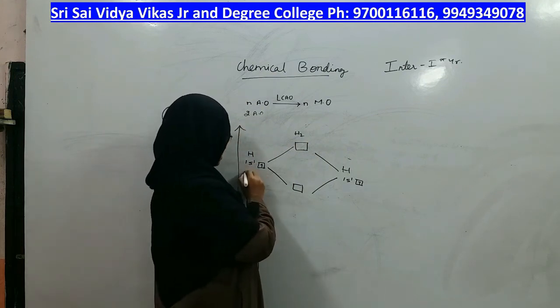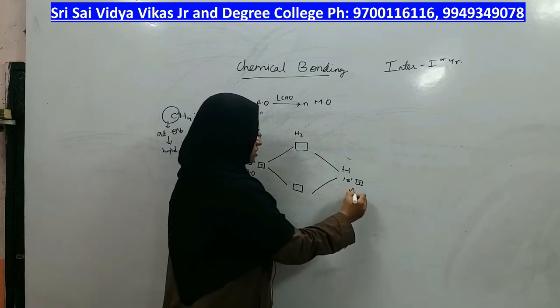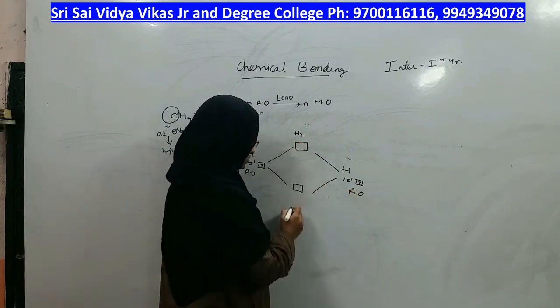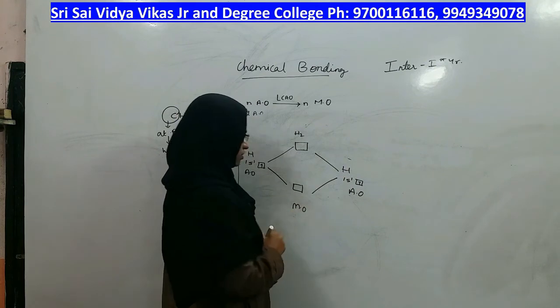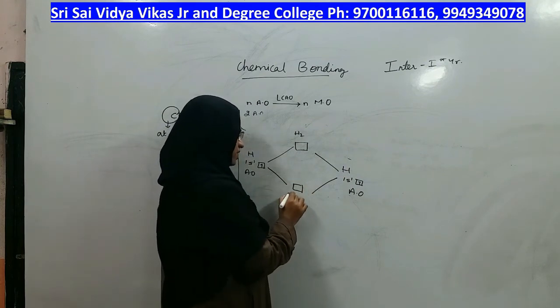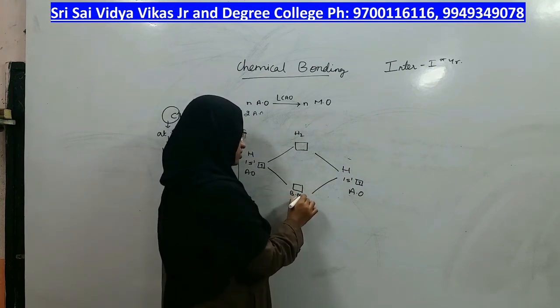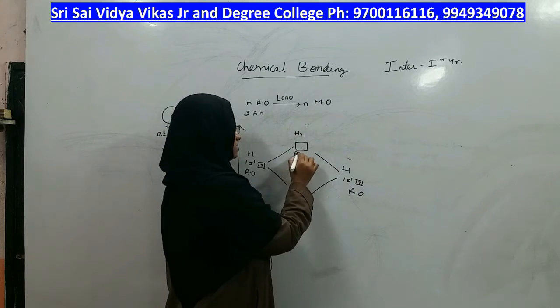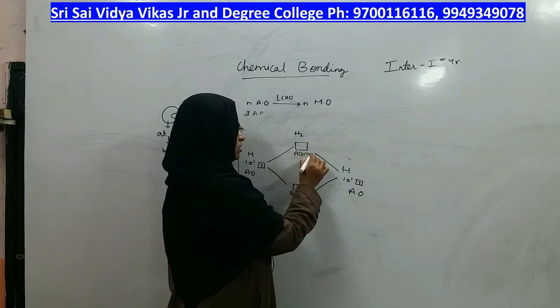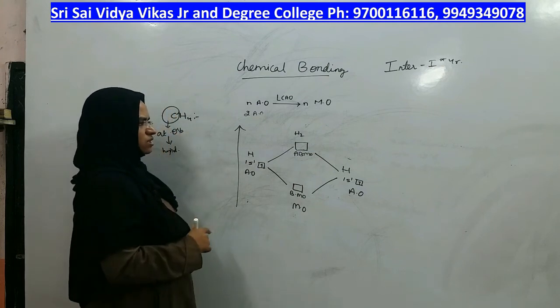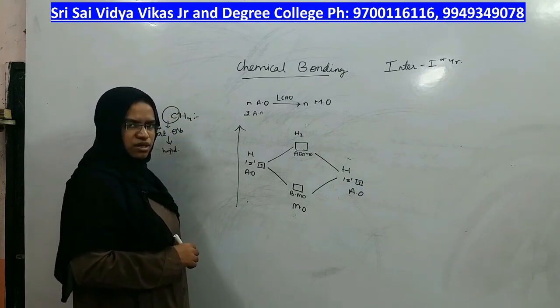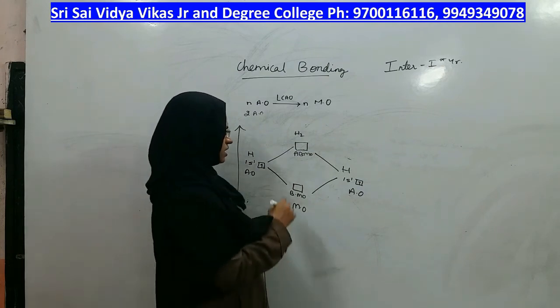This is an atomic orbital, this is also an atomic orbital, and these two are molecular orbitals. The lower energy one is called the bonding molecular orbital and the higher energy one is called the anti-bonding molecular orbital. What is the name of the molecular orbital? Sigma, pi and delta. Here only sigma is used.